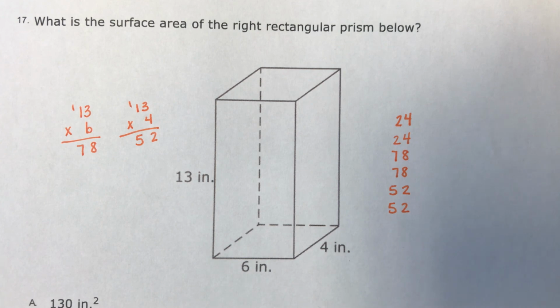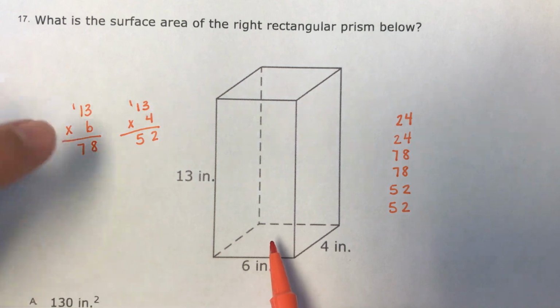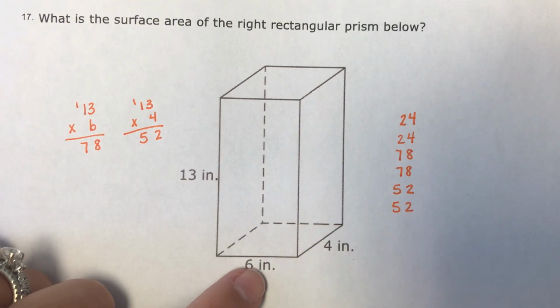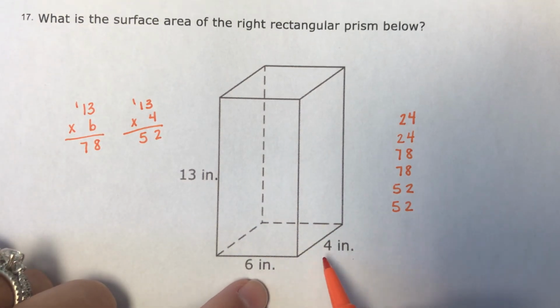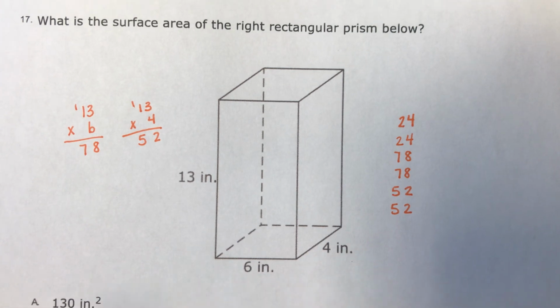Now you have to be careful, because what if you thought that all the sides were the same? Then you would have had 4 78s listed, but it's important that you see that not all the sides are the same, and they showed you that by showing that the base is different numbers. Okay, so just be careful that you can clearly see that your sides are not the same.